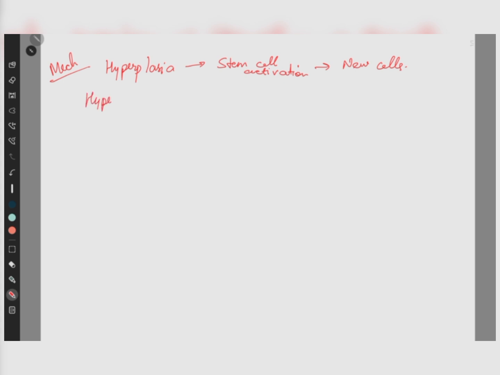While hypertrophy is a bit different compared to hyperplasia, this process occurs via gene activation that leads to protein synthesis and organelle production. So these are the mechanisms of hyperplasia and hypertrophy.